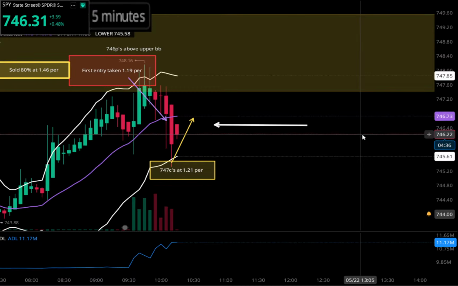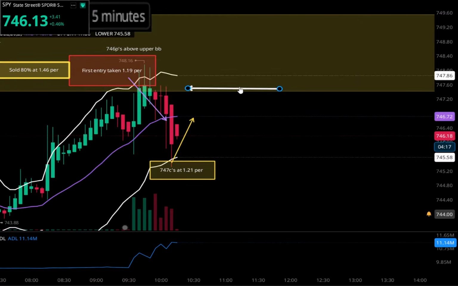And again, looking at my sell orders, I have it set so once the price hits 746.61 or above, it's going to sell 4 of those contracts, and then I'll have the additional contract to run to the upside.